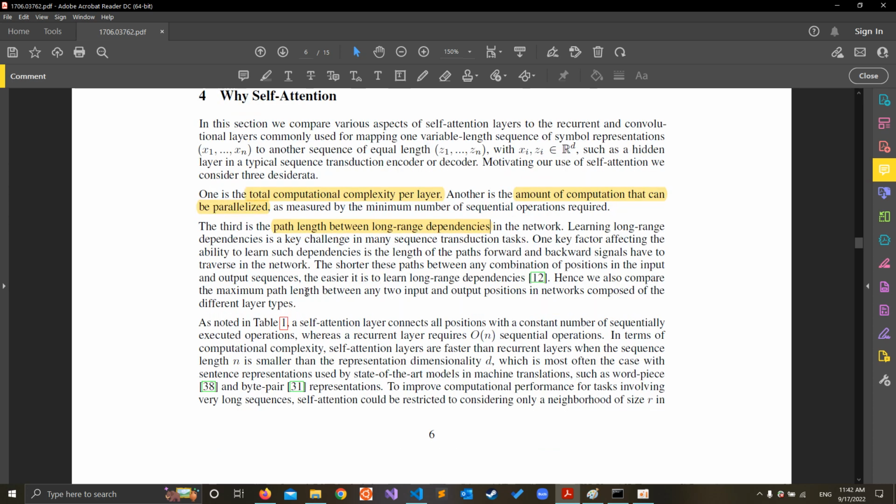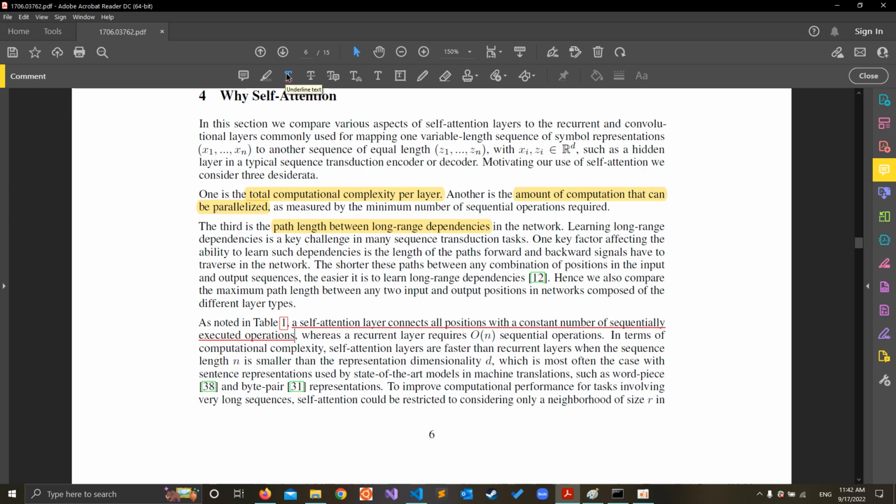As noted in Table 1, a self-attention layer connects all positions with a constant number of sequentially executed operations, whereas a recurrent layer requires n sequential operations. In terms of computational complexity, self-attention layers are faster than recurrent layers when the sequence length n is smaller than the representation dimensionality d, which is most often the case with sentence representations used by state-of-the-art models in machine translation, such as word-piece and byte-pair representations.